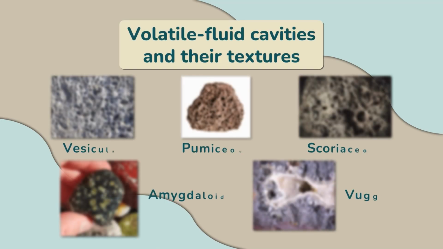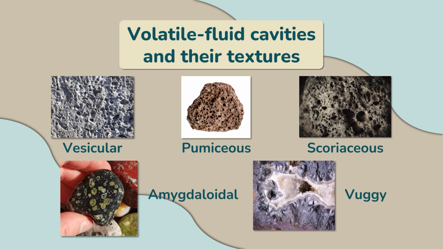Now volatile fluid cavities and their texture, depending upon the degree of vesicularity, can be divided into different types: vesicular, pumiceous, scoriaceous, and later when these open spaces are filled by secondary silicates, they are called amygdaloidal or buggy structures.